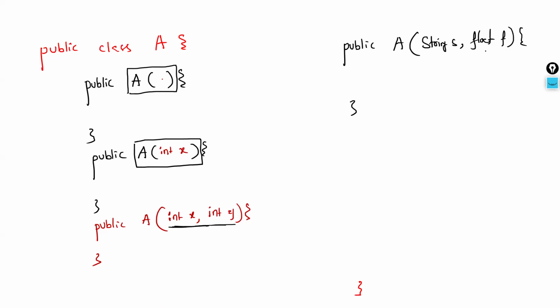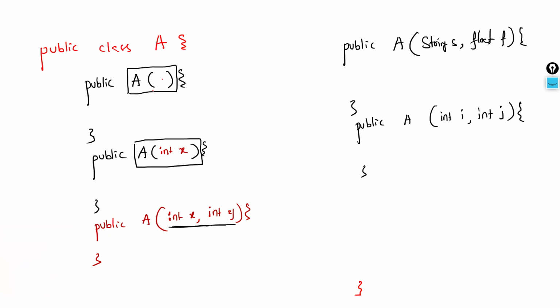Here how many parameters? 2. So then can we have the same number of parameters? Yes. So then if I write one more, public A, for example, int space i, comma, int space j. Is it possible? Yes or no? No. What's the reason?